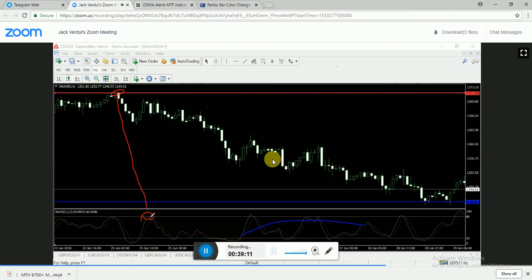It started retracing. Right where it started dropping here, yeah, it told me. It's not really perfect in a way, but the Stochastic was already too high right here anyway. So boom, it dropped.